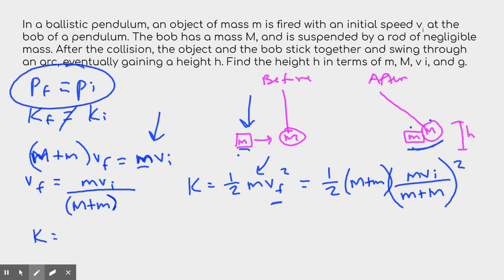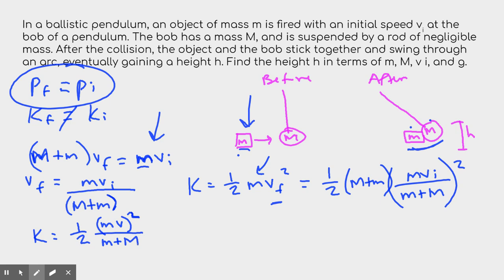It will simplify to the following. K equals 1/2 times mv, and we're going to square the whole thing, not just the mass and not just the velocity, divided by m, the little m, plus the capital M. Now, since the kinetic energy at the end does not equal the kinetic energy at the beginning, that means some of our kinetic energy was actually converted into potential energy.